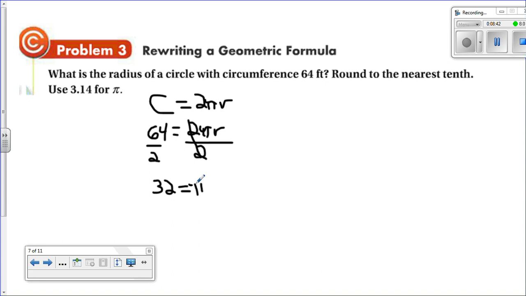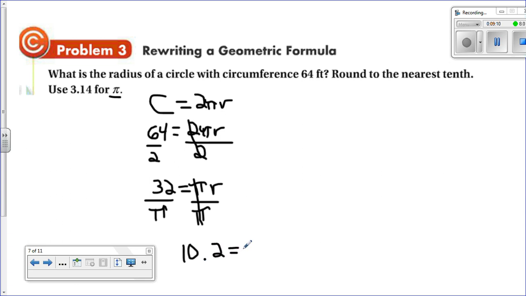And now we have this goofy pi times r. If you're not familiar, pi is a constant value. It's 3.14. So if we divide by pi, 32 divided by 3.14 is going to give us approximately 10.2.